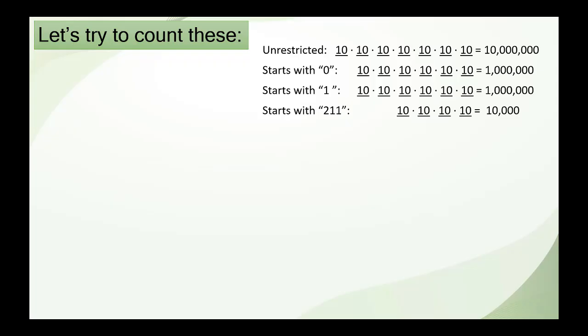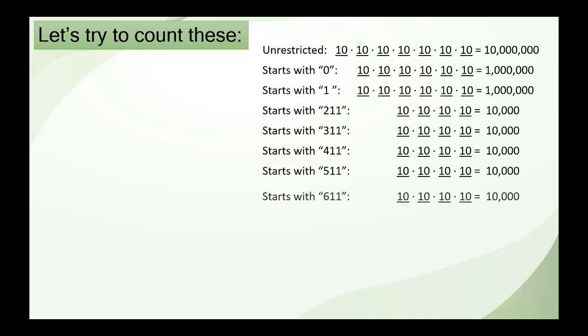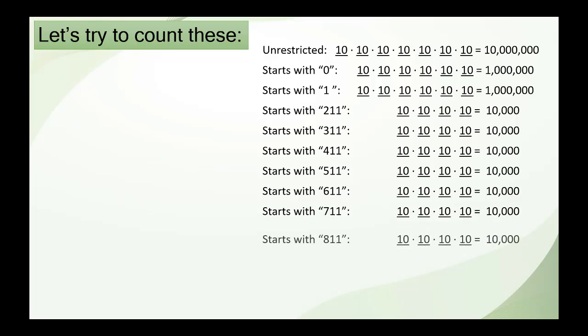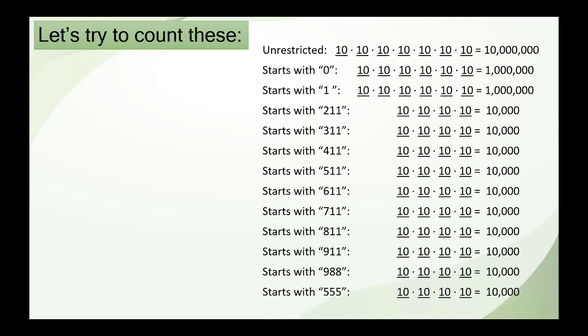For the same reason, there's 10,000 that would have started with 311, 10,000 that would have started with 411, 10,000 that would have started with 511, 10,000 that would have started with 611, and 711, and 811, and 911. Also, 10,000 would have started with 988 and with 555. So if you count up those 10,000s, there's actually 10 of them. So that's another 100,000 phone numbers that get thrown out.